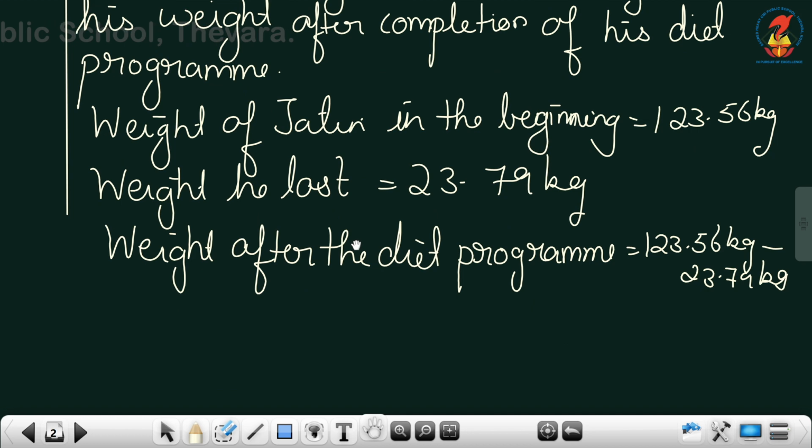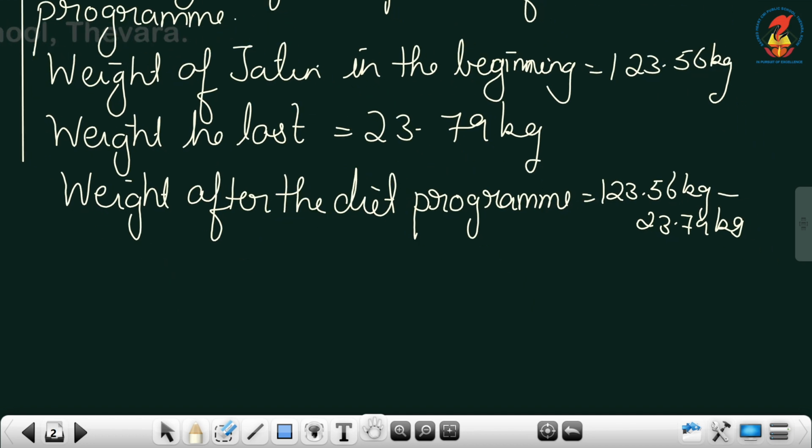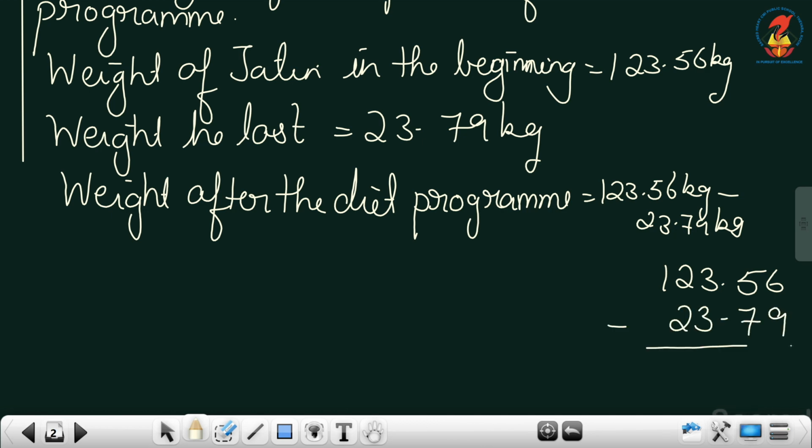So we can just subtract this. You have already learned how to subtract decimal numbers. So 123.56 minus 23.79. Both are in the same units, so you can subtract it.